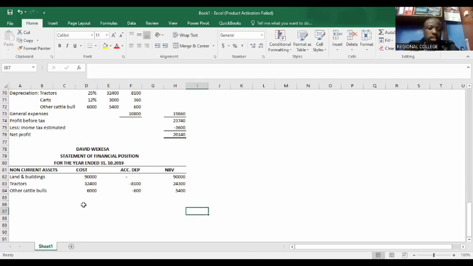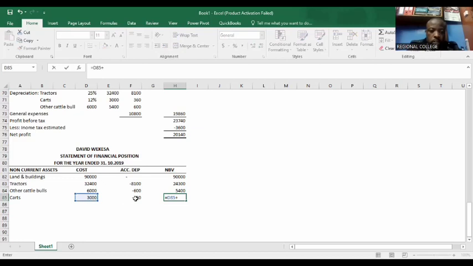Then you have carts. The cost of carts is 3,000 here. Then they depreciated by 360 during the year. So at the end of the year, the new value will be this one minus depreciation for the year and accumulated one.